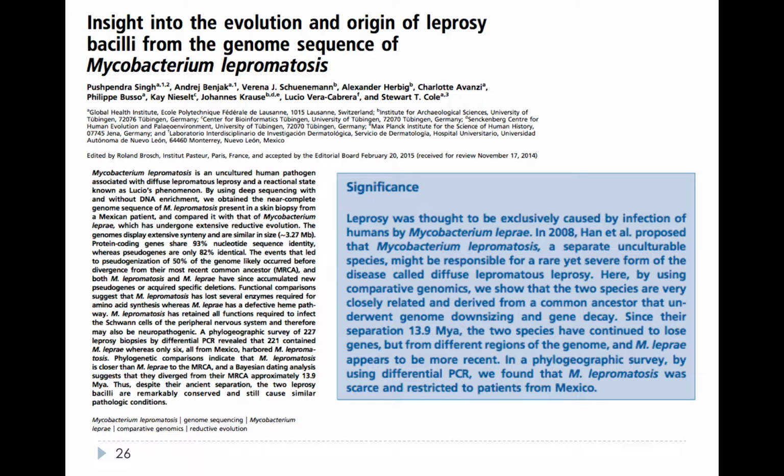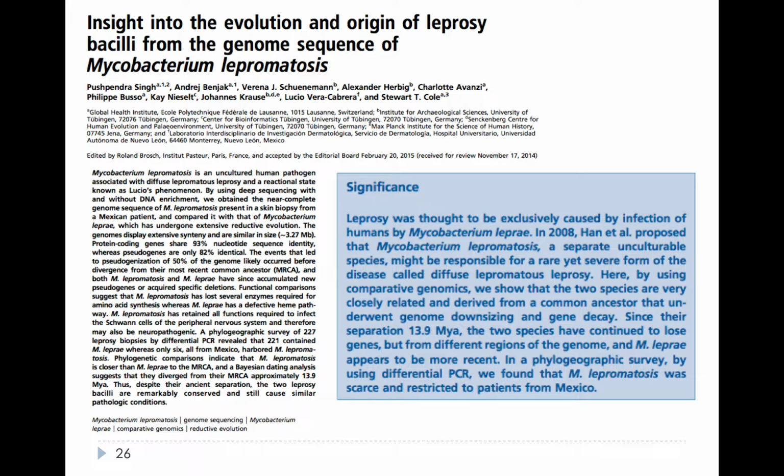And when its genome sequence was announced, they showed that it had undergone a similar kind of evolution to Mycobacterium leprae, in that large amounts of the genome had been lost or were undergoing a process of decay. There are lots of pseudogenes, kind of faint echoes of genes that used to be functional there.